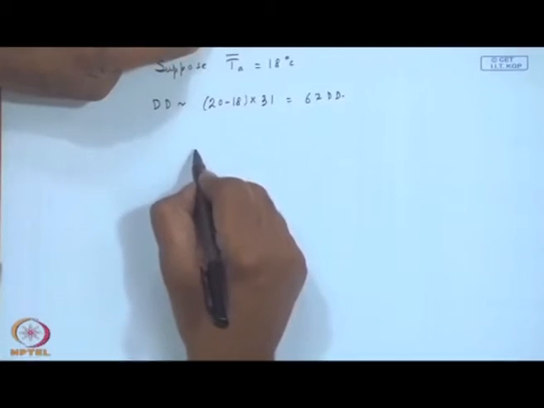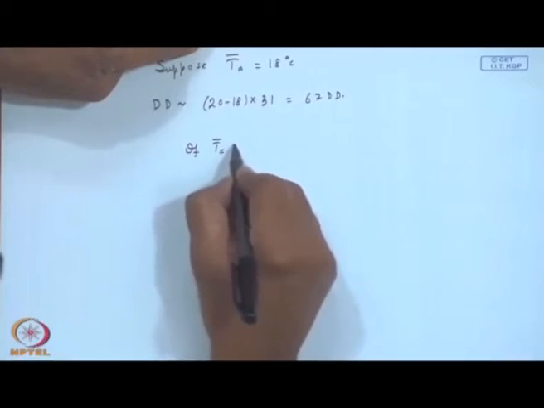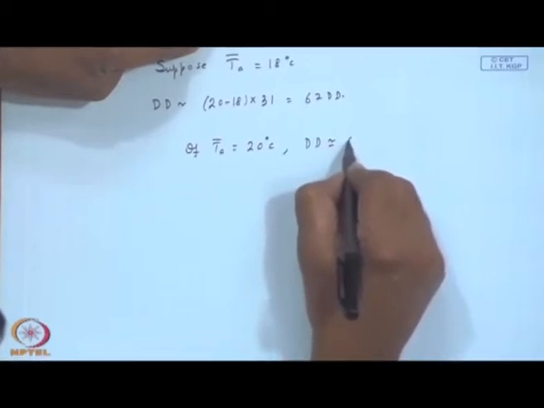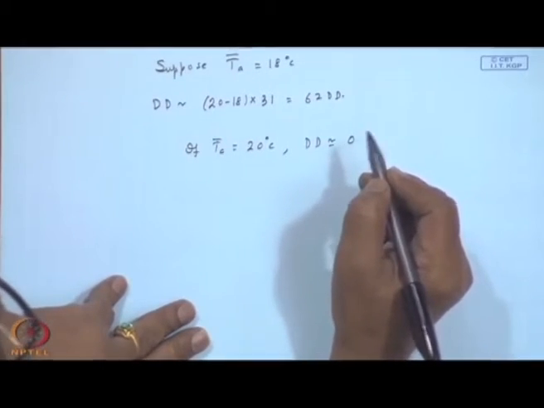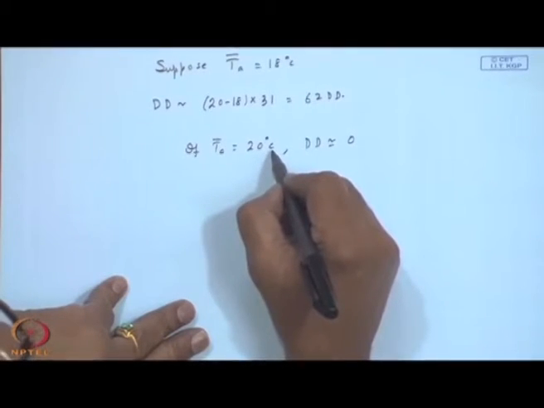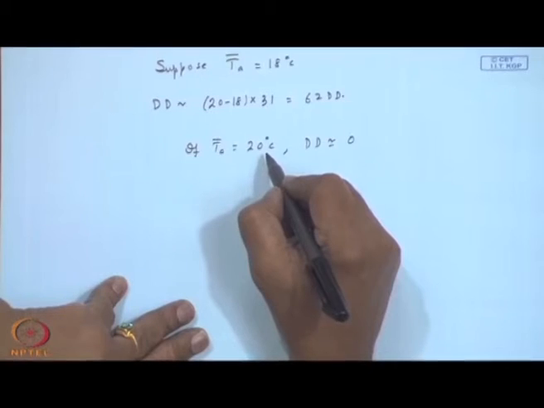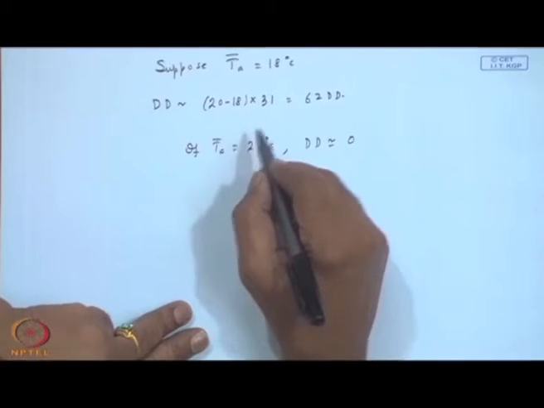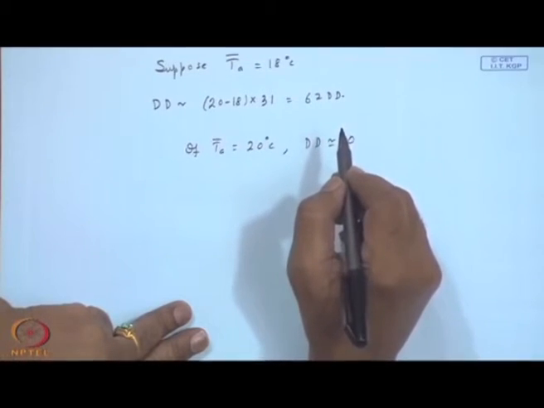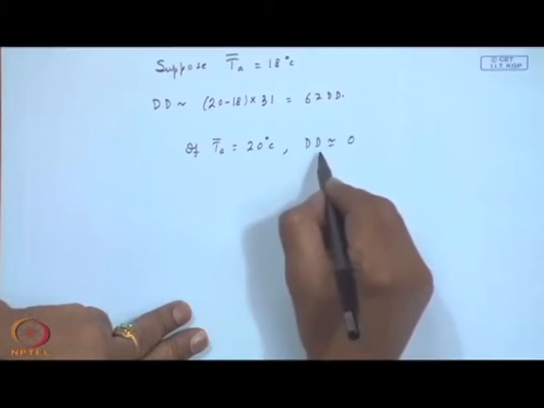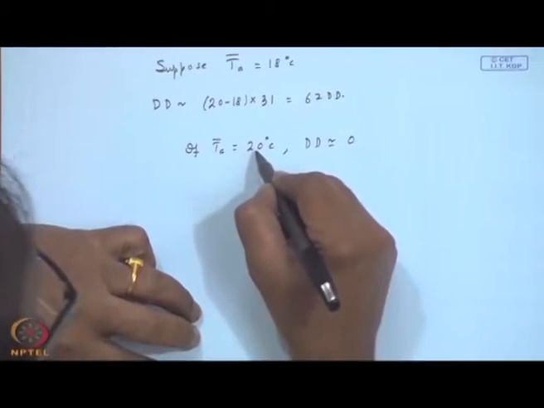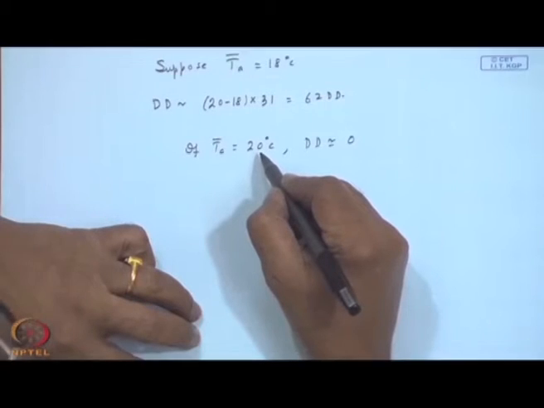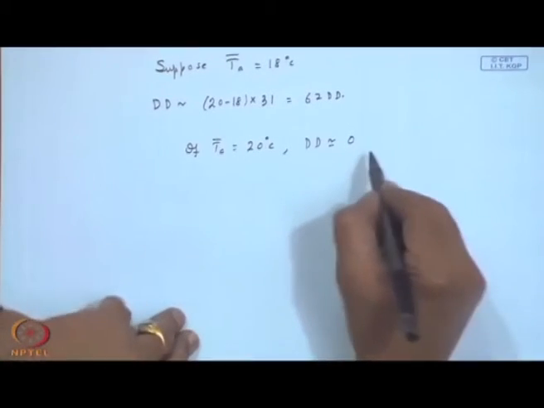And the case in point could be if T A bar equal to 20 degrees C, my D D approximate is 0, which definitely is incorrect, because at 20 degrees C, there will be days with less than 20 C, which require some heating, and there will be hours even much lesser than that day's average temperature, which requires some more heating. Of course, if you average it out, what it means is the cold when the temperature is less than 20 is to be compensated by heat when the temperature is more than 20. As energy conservation, it is right, but not for the human comfort.